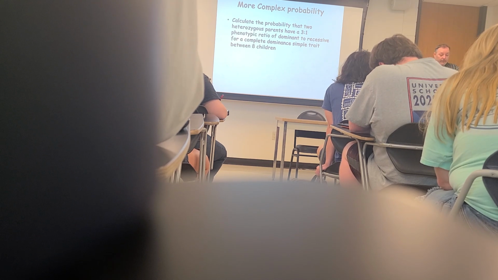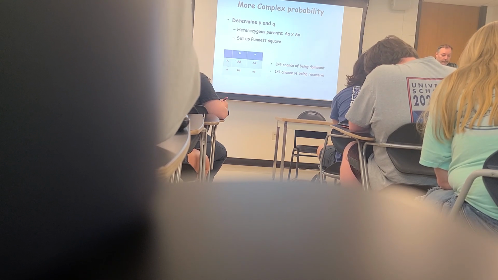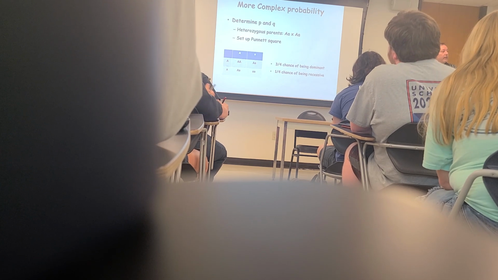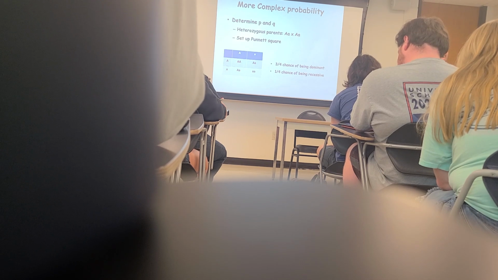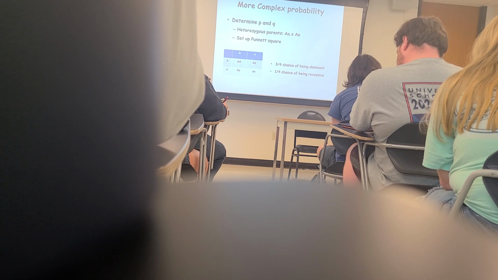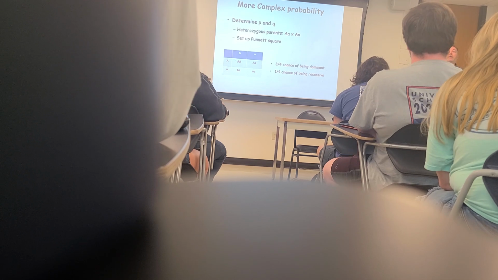This is one of the most important things about the equation that we're trying to build to: can we simply look at a Punnett square and tell how many will have one phenotype and how many will have a different phenotype? Alright, so we've done this part. Now we need to do the other part. Determine, when we have 8 total children, how many of those 8 will be dominant and how many of those 8 will be recessive if we want to maintain a 3-to-1 ratio.